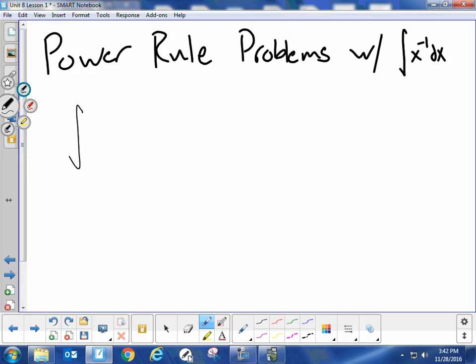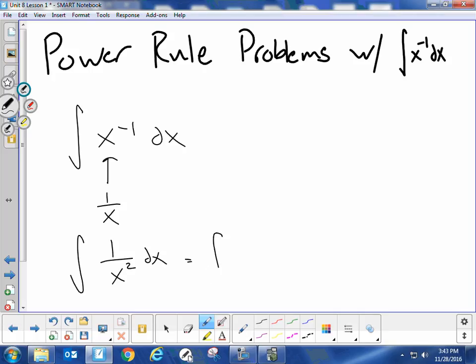I want you guys to all, using the power rule, take this antiderivative. Show me what you get. Knowing that x to the negative first is the same as 1 over x. Also take the antiderivative of 1 over x squared, which is really just the same as x to the negative second, right? We can just rewrite that and use the power rule.